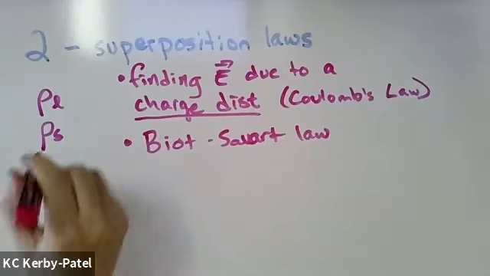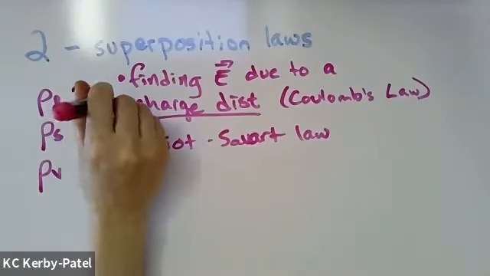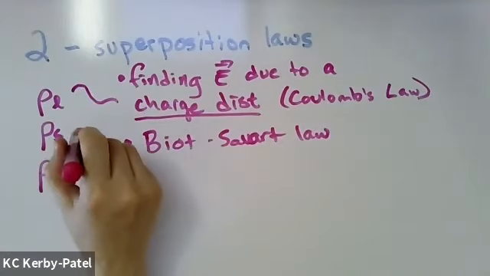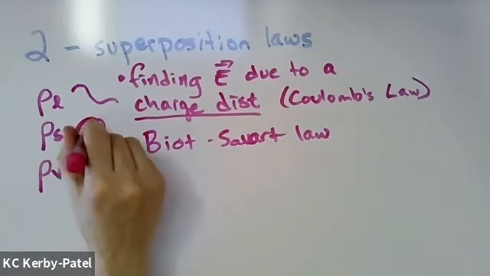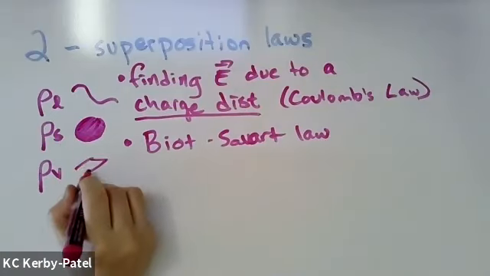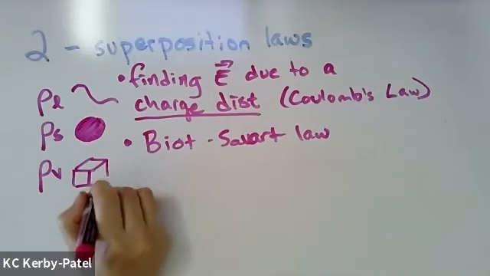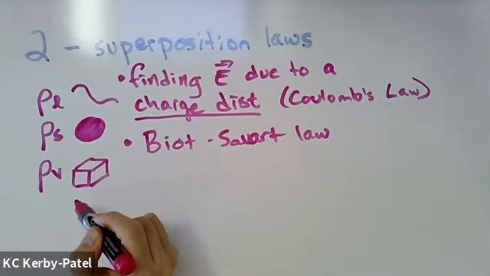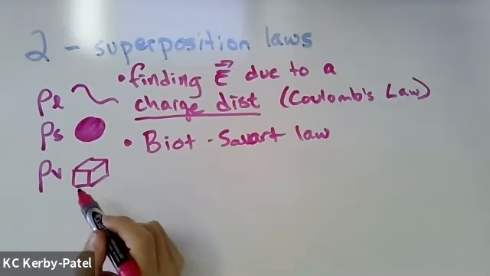A line charge is distributed along a one-dimensional curve or line. A surface charge distribution is distributed over a surface, and a volume charge distribution exists within a volume. Any one of these things can depend on position. They may or may not be constant.